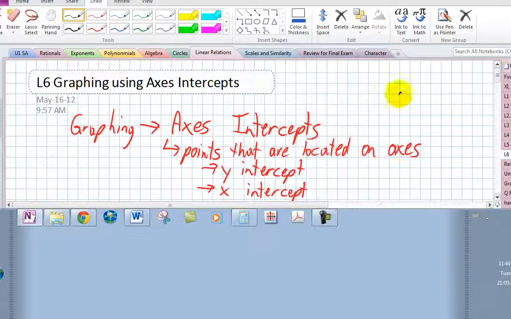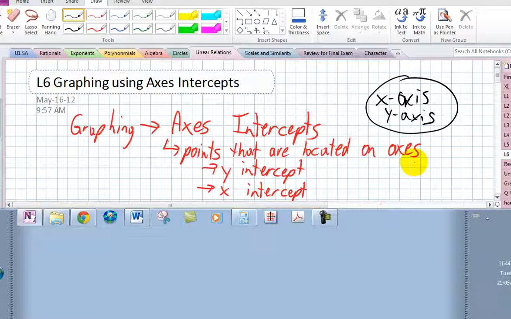Now, axes is plural, so axis is singular. So we have the x-axis and the y-axis. That is singular, okay? But if we go to 2 axes, we change it to plural, A-X-E-S. It's a little bit of a weird one for you.